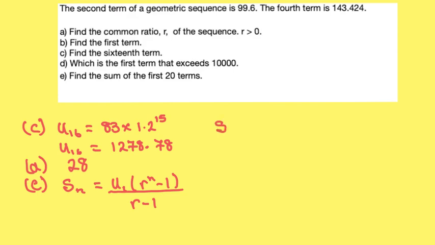So we want the sum of the first 20 terms, which is equal to 83, because that's u1. r is 1.2, so we want to the power of 20 minus 1 all over 1.2 minus 1. We can put this straight into our GDC.